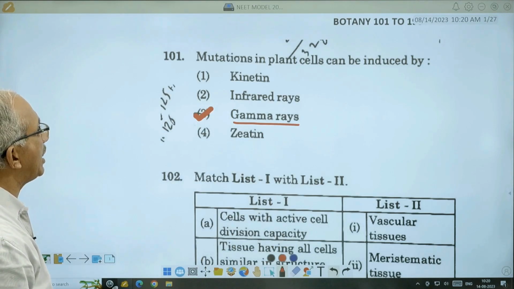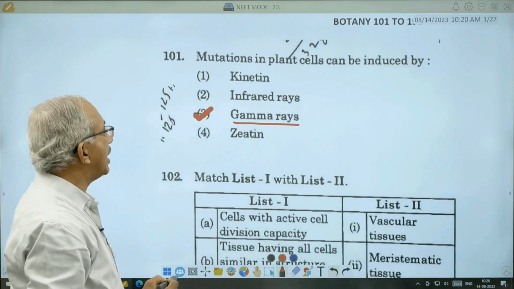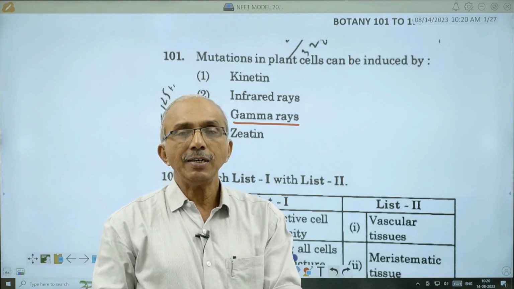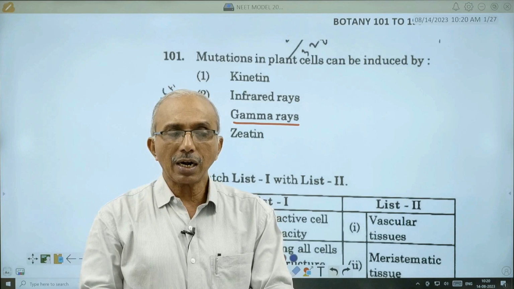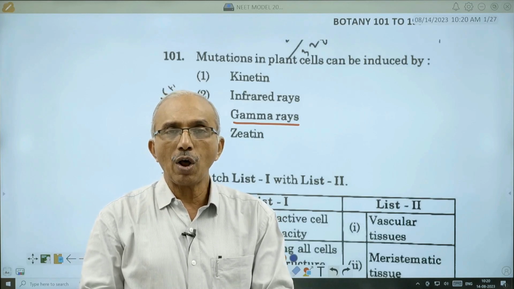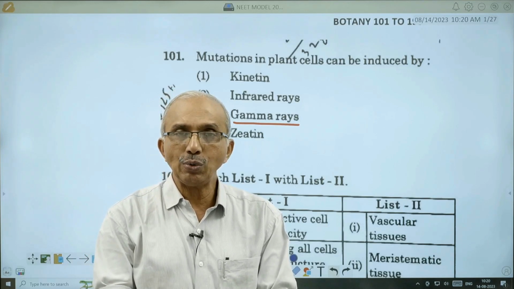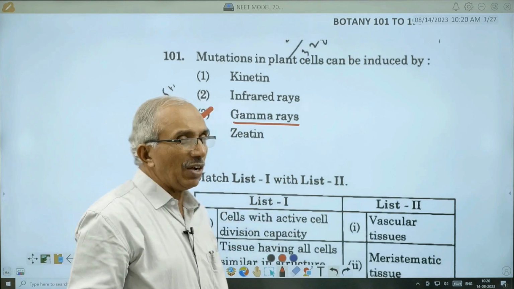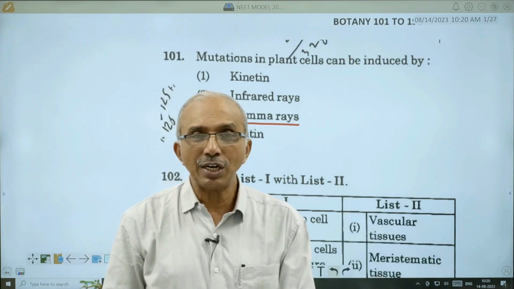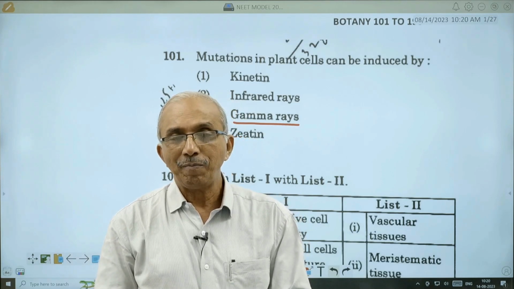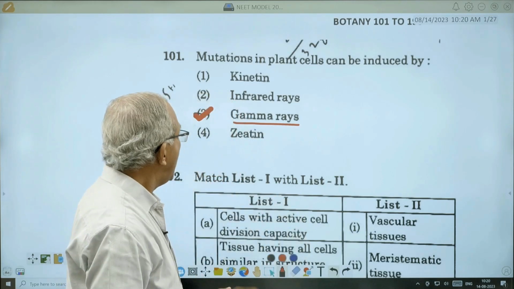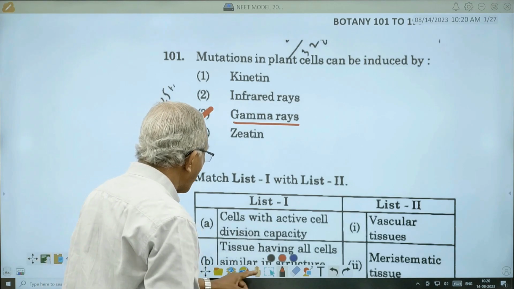Kinetin and cysteine are cytokinins, a class of plant hormone, and cannot induce mutation. Infrared rays are radiation, but cannot induce mutation. The mutation capable one is gamma radiation.